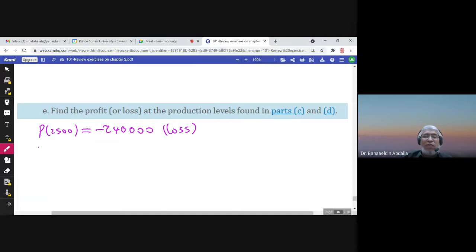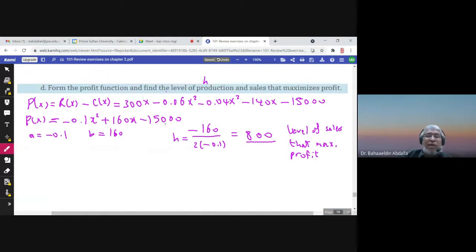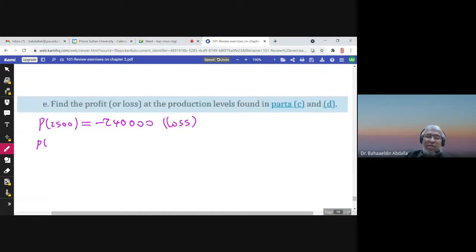While if you find the profit at the level found in part D, which is 800, this will give you the maximum profit.